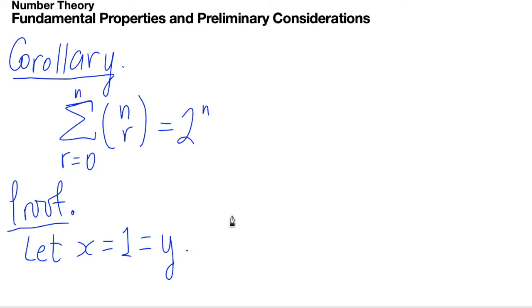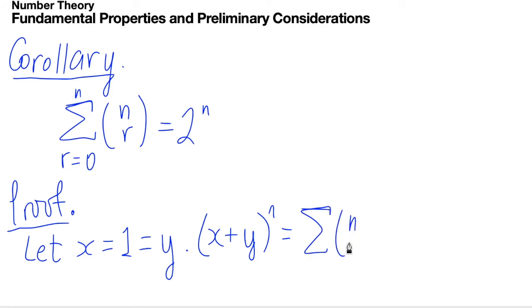So recall our binomial theorem: x plus y raised to n is equal to the summation of n choose r, x raised to n minus r, y raised to r, for r from 0 to n.